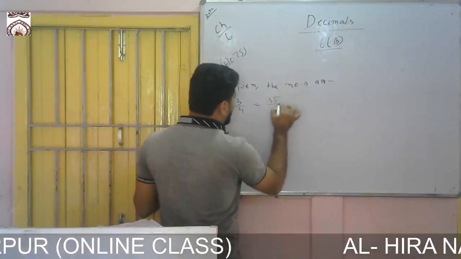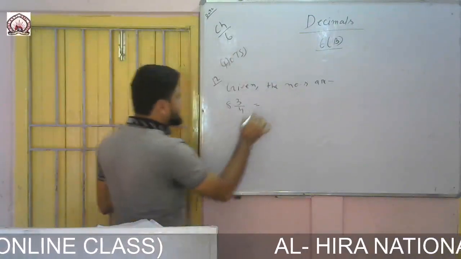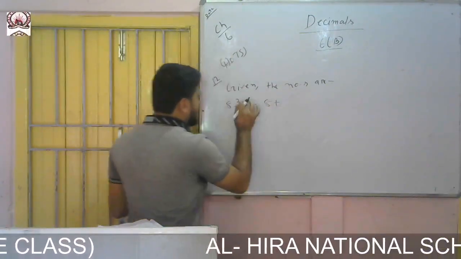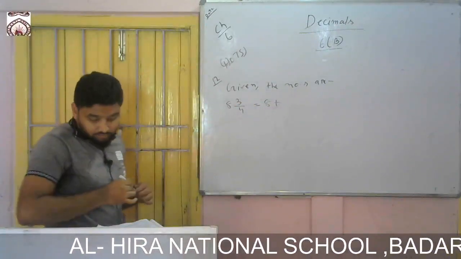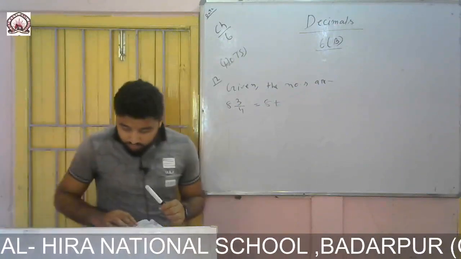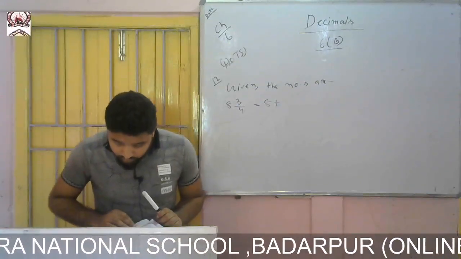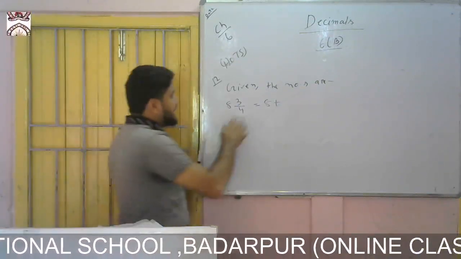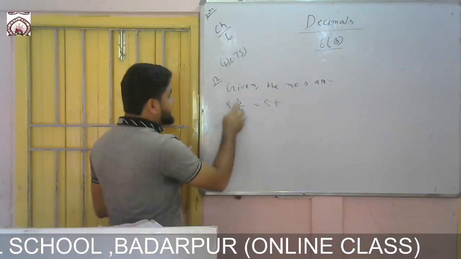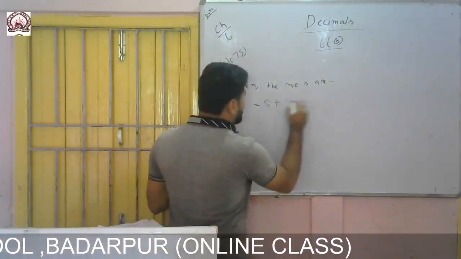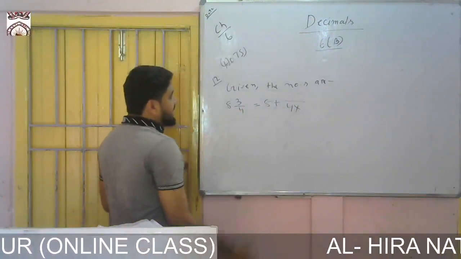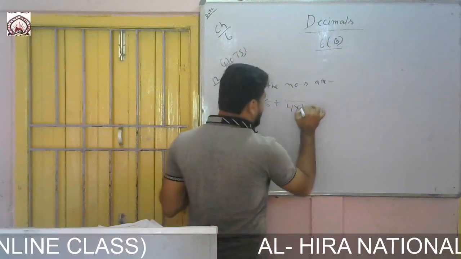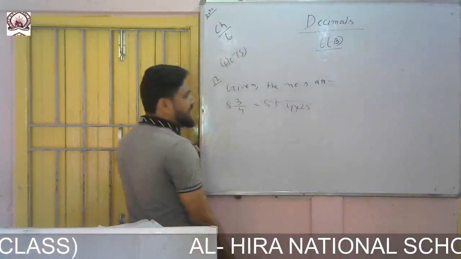You do it like this: 8 plus 3/4. Write 4 in the denominator, then multiply with 25, and it will become 100.